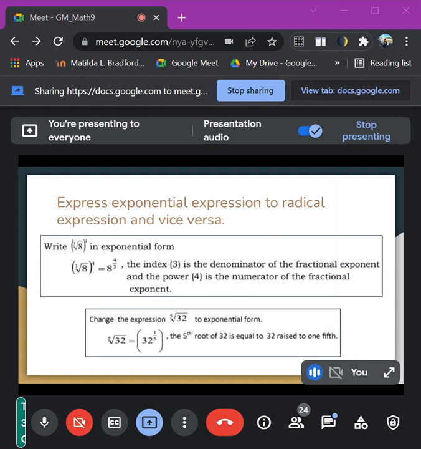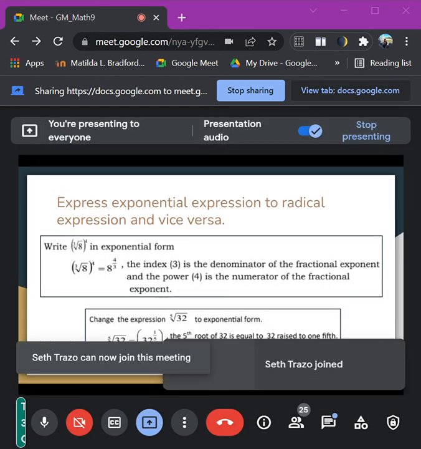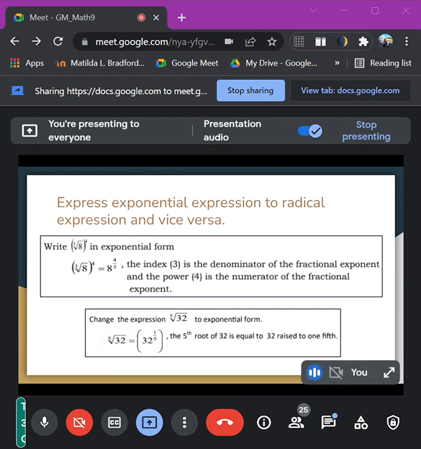Okay, so far, questions for expressing radical expression to exponential expression and vice versa? Nasubay ra ba? Because it's very helpful, class, especially when we're going to solve.